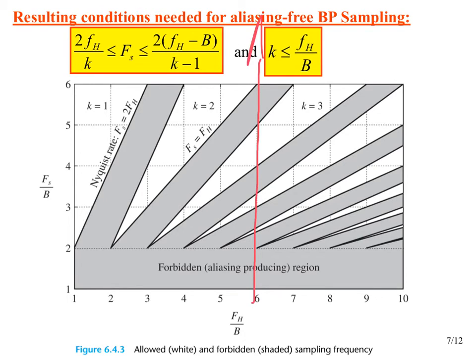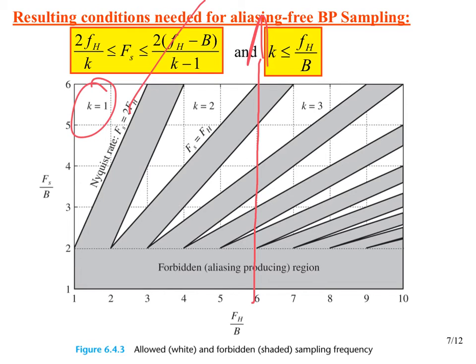And in reality, this keeps going up, and way up that line is where we would be for Fs equal to 2Fh. That would be the standard sampling theorem that says twice the highest frequency. But you can see that we could operate with k equal to 1, because this just continues up there.